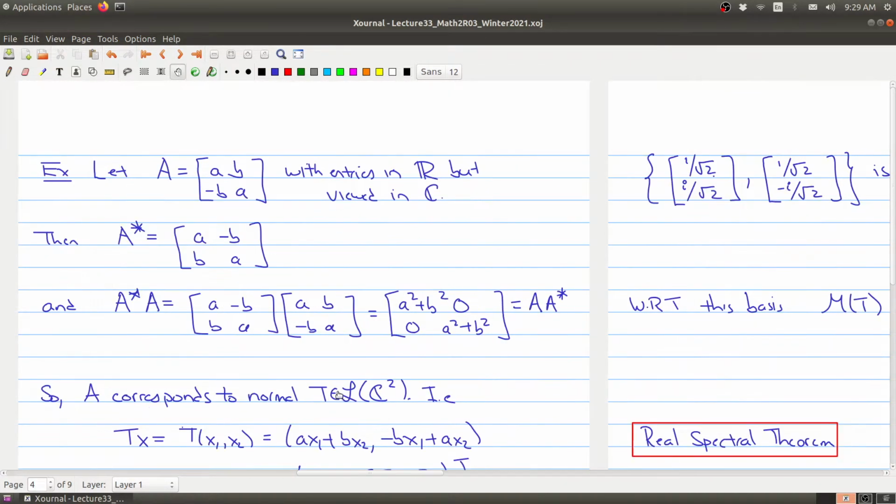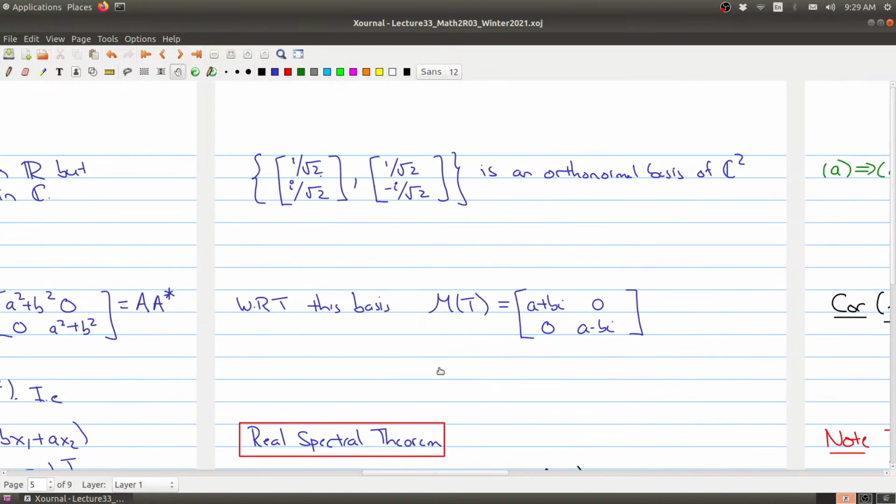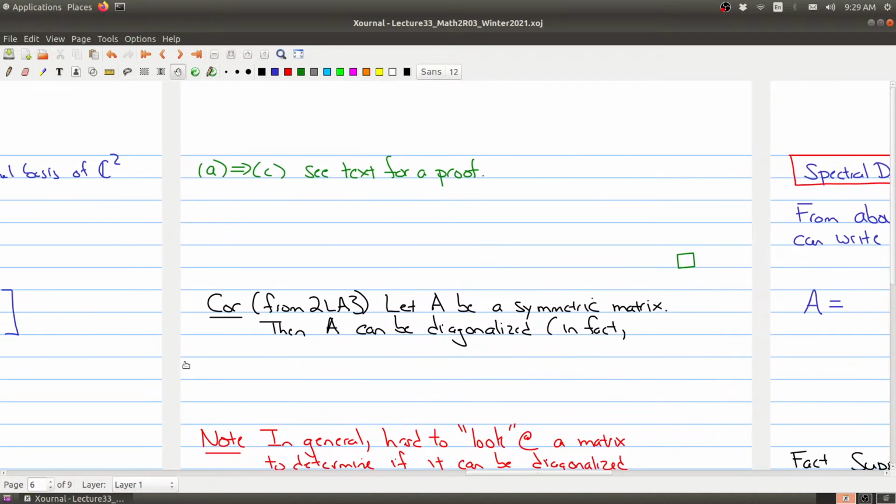Now, interestingly enough, there is a real version of Schur's theorem. In fact, if you pull out your textbook from Math 1B03, you can probably find the statement of Schur's theorem embedded in a homework assignment somewhere in one of the later chapters.